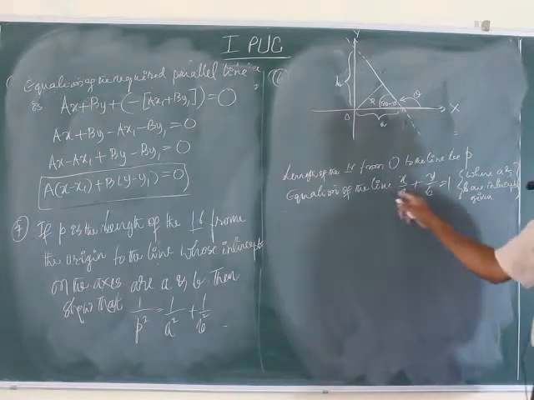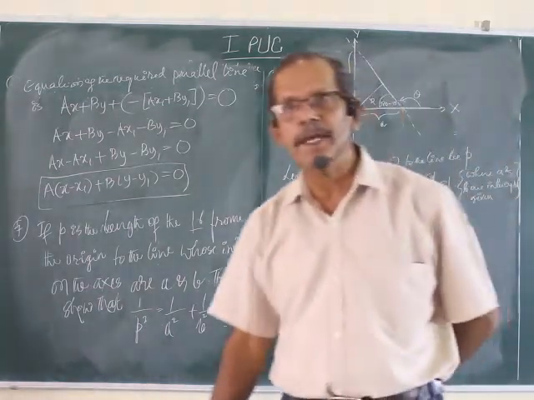Therefore, the equation of the line becomes X by A plus Y by B equal to 1.